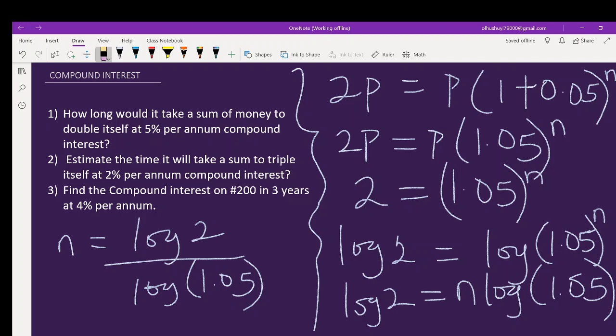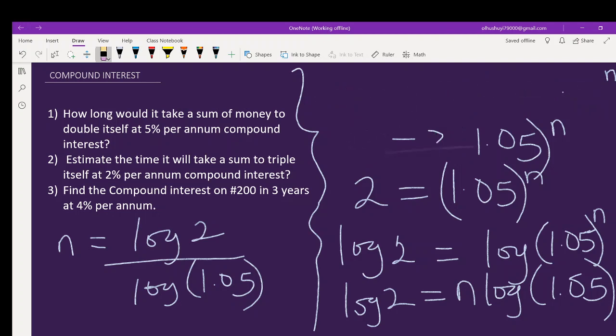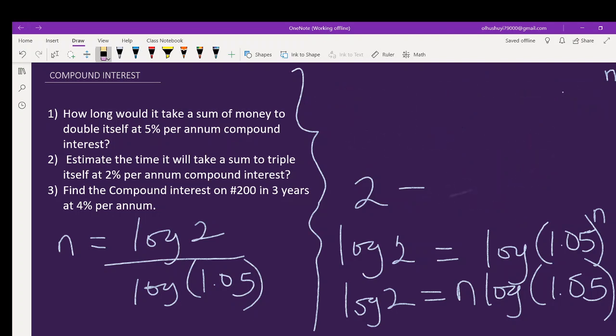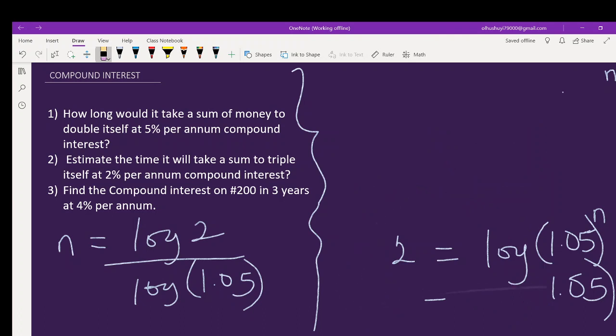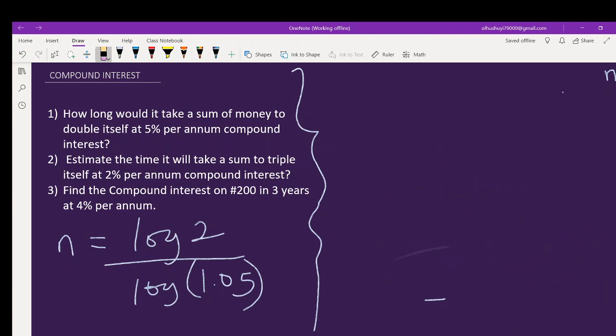And what do you have with that? What is log 2?